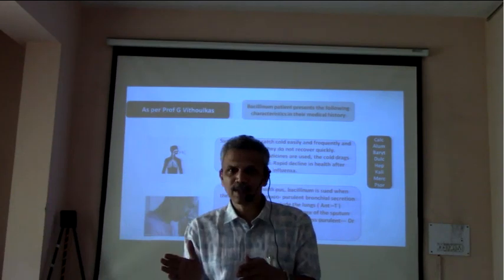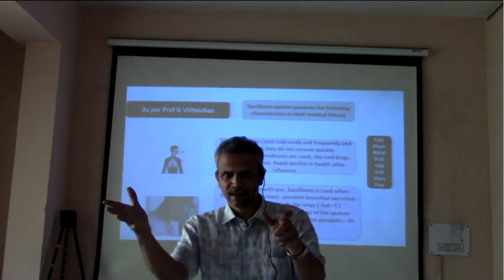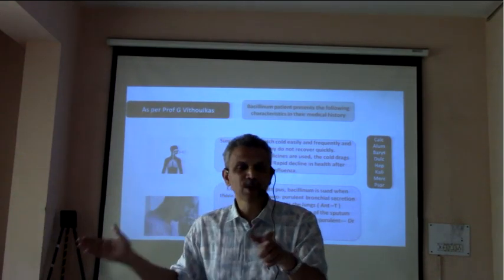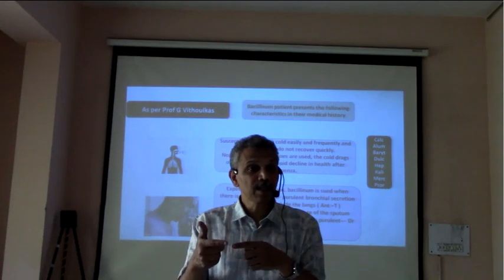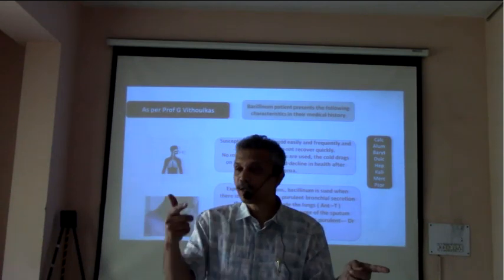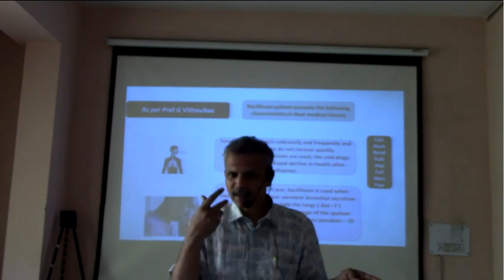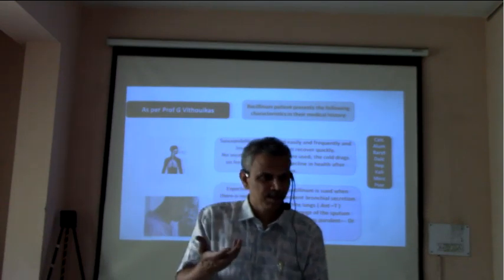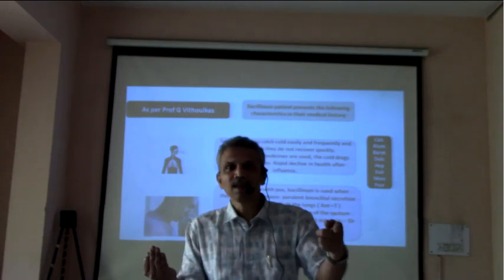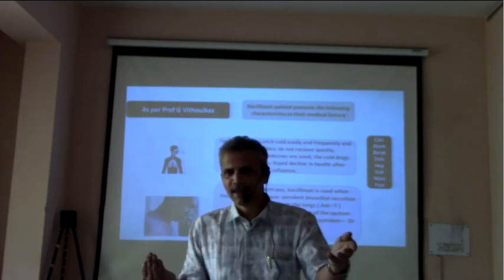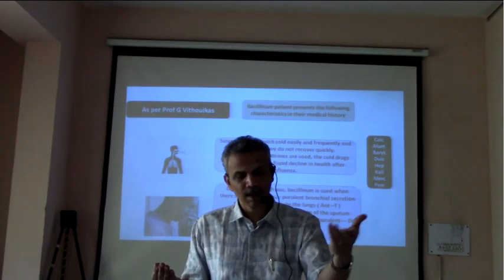Okay. And then we also saw that in the medical history they can have a few situations. The first situation we saw was that a Bacillinum patient is prone to recurrent cold and cough. And second thing we saw is the capacity to produce sputum. And third thing we saw was that it also has the capacity to change the color of the sputum. Absolutely right.